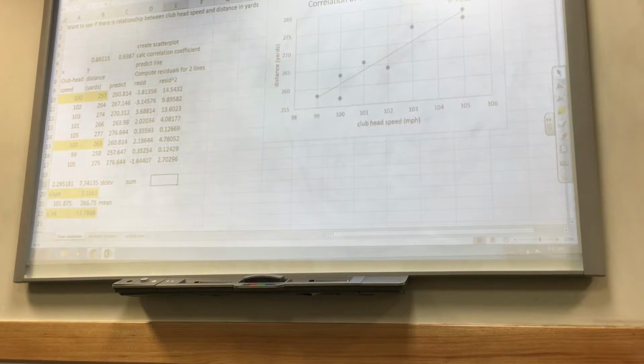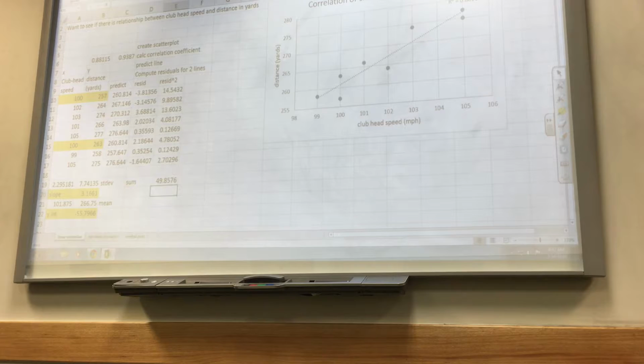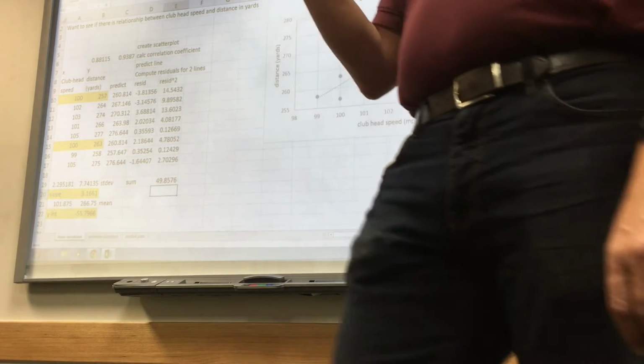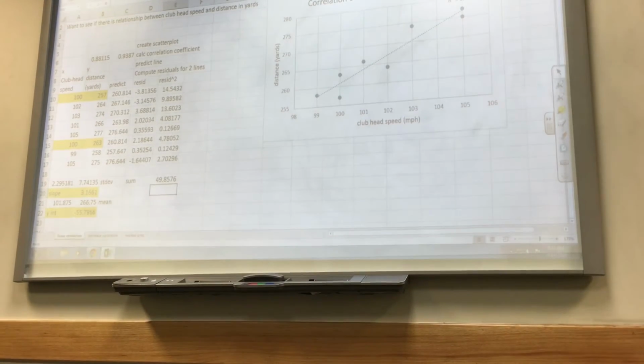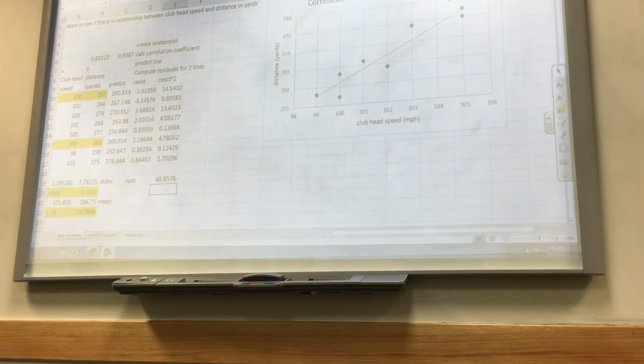My sum works out to be 49.85. Put that number in your back pocket for just a minute, and I'm going to explain that in a minute. Does it make sense what I did, maybe not why I did it?